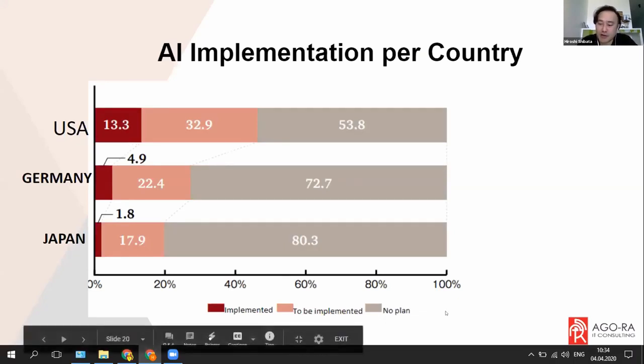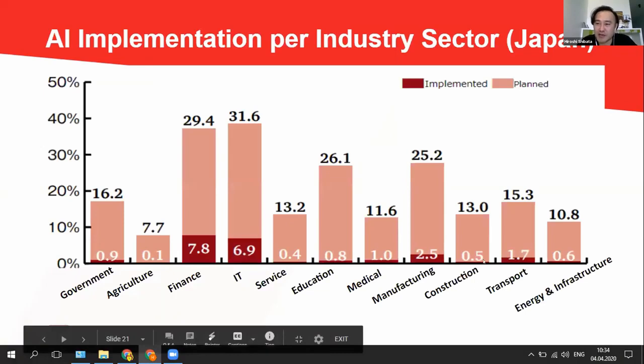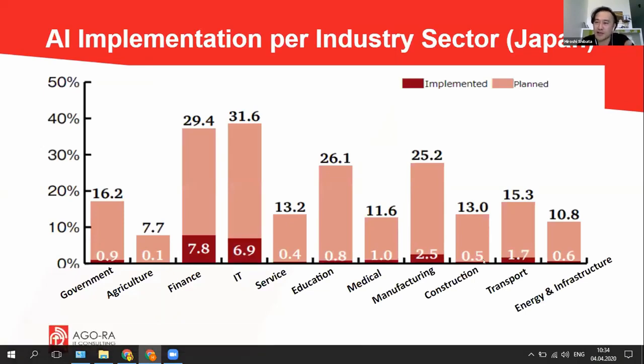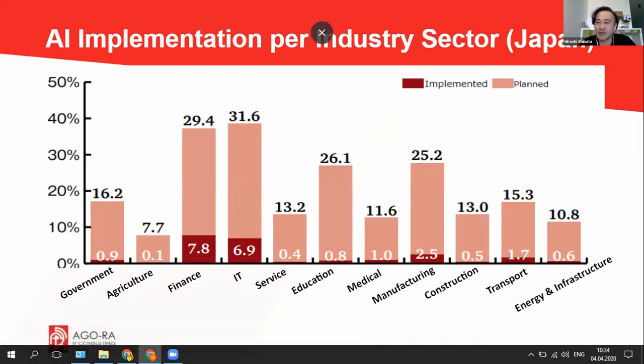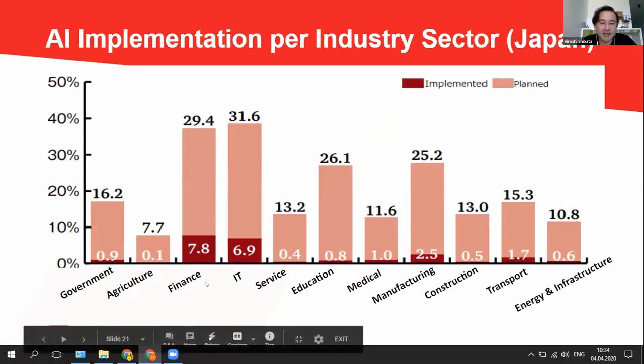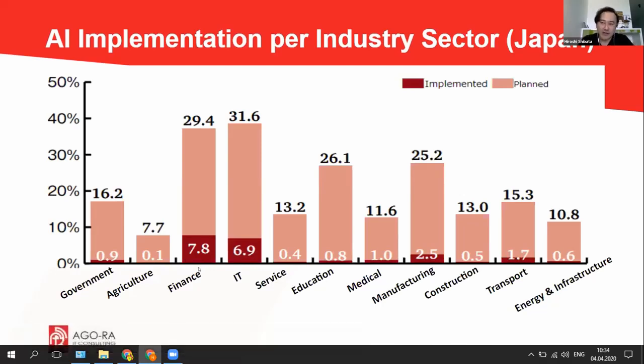All right, I'm going to explain in more detail. This is kind of answering your question a little bit. This is a breakdown of AI implementation per industry sector. As you can see, it's common sense that finance and IT are really fast moving, and they always want to use the latest technology.